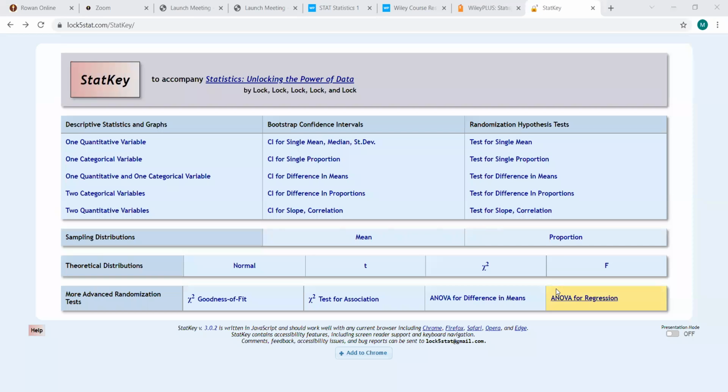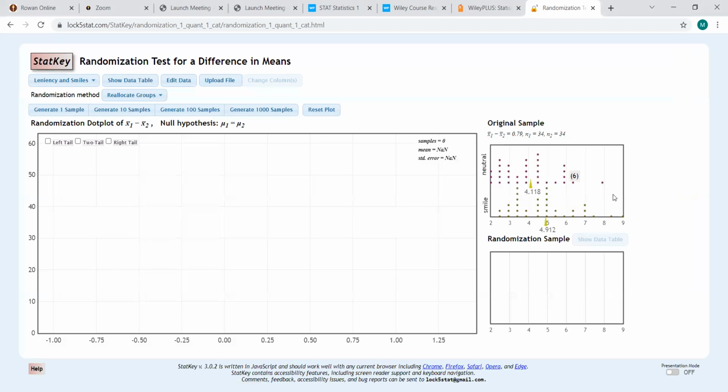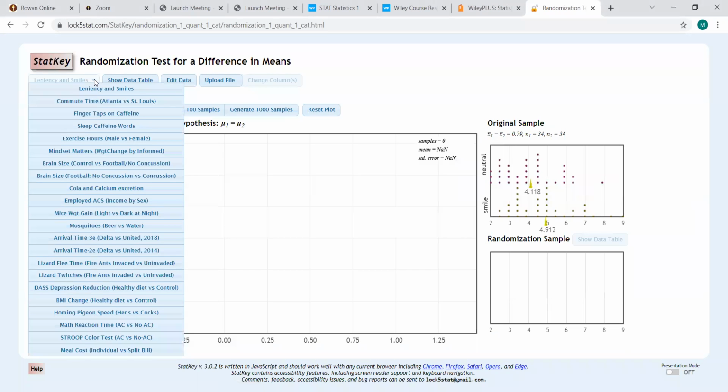All right, now the type of samples that we create through simulation in StatKey are called randomization sampling distributions. All right, and so we're going to go to difference in means. That's what this is. And pick out that particular one that we're looking at.